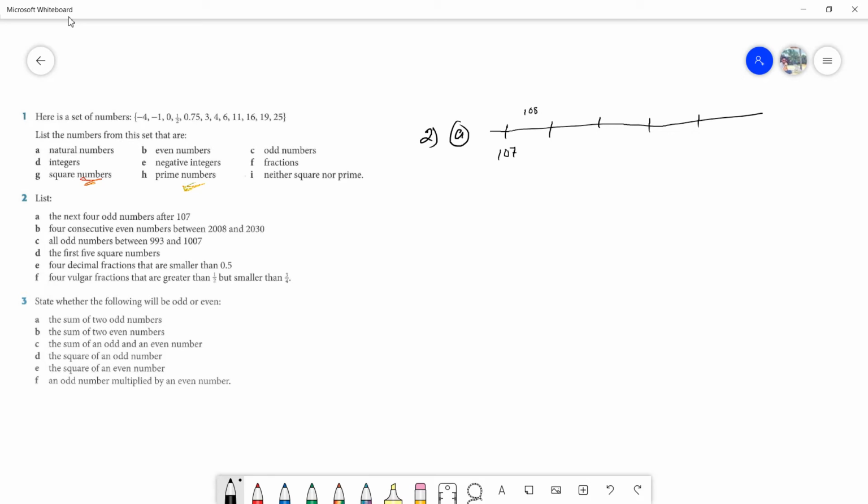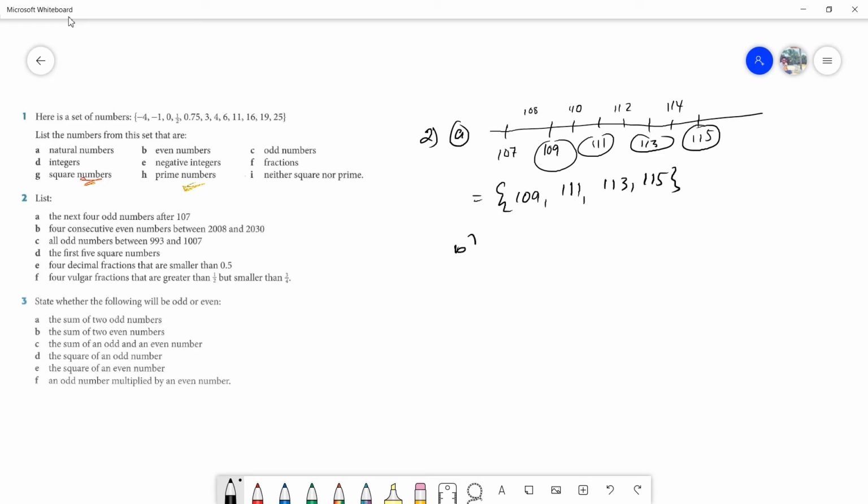So the next is 109, and then comes 110, 111, 112, 113, 114. So here we have the next four odd numbers. You can just write 109, 111, 113, and 115.